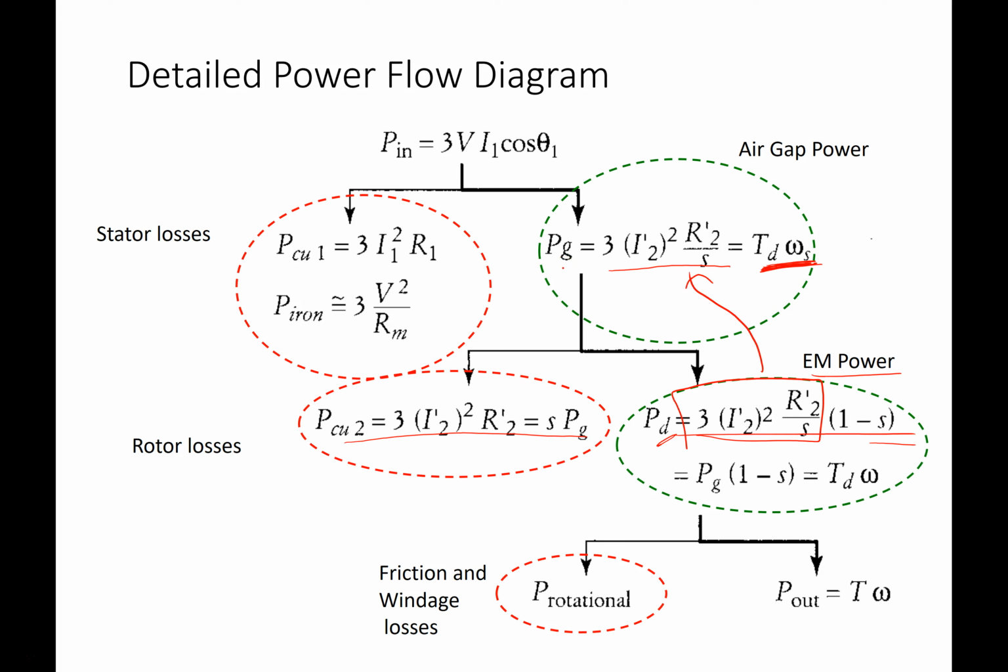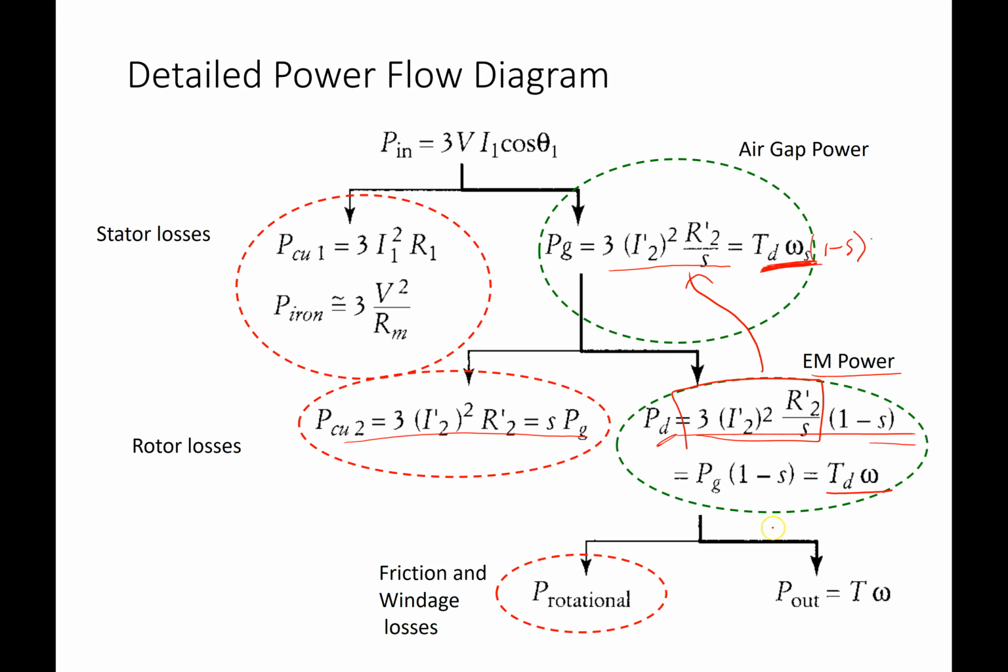or you could say TD by omega, and notice this omega is not omega S, right? Because omega S multiplied by 1 minus S becomes omega. So this is the actual mechanical speed of the rotor.